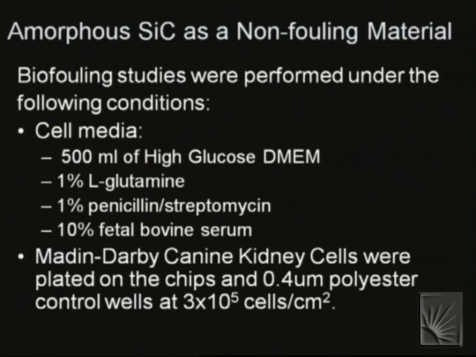So we looked at exposing silicon carbide surfaces, this is amorphous silicon carbide, to a fairly standard mix of bioactivity stuff. And I'm looking at the clock, and I know I've got to watch my time. So suffice it to say, we followed standard protocols for looking at fouling.